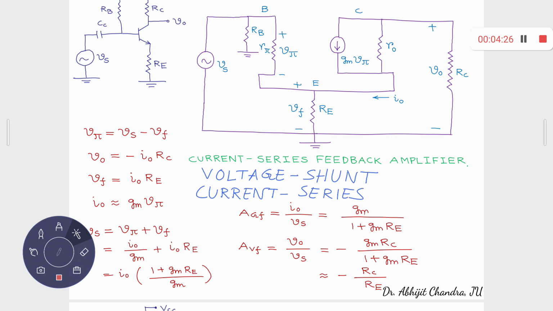But the question is why it is not possible to have a voltage series kind of feedback amplifier using single stage common emitter? Because you know the voltage sampling, current sampling. You already know the shunt mixing and series mixing. So basically mix and match kind of thing.